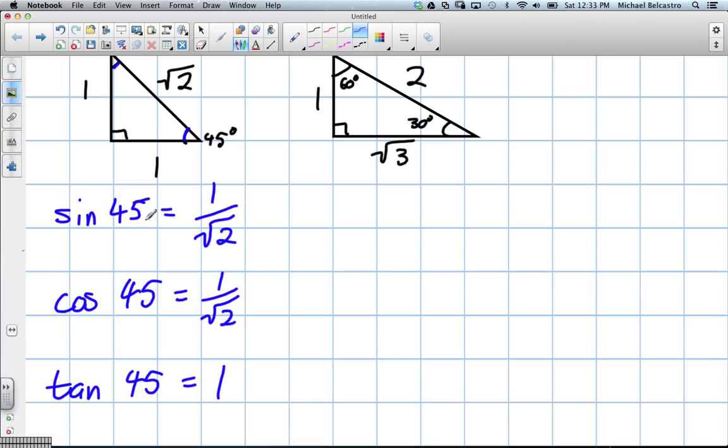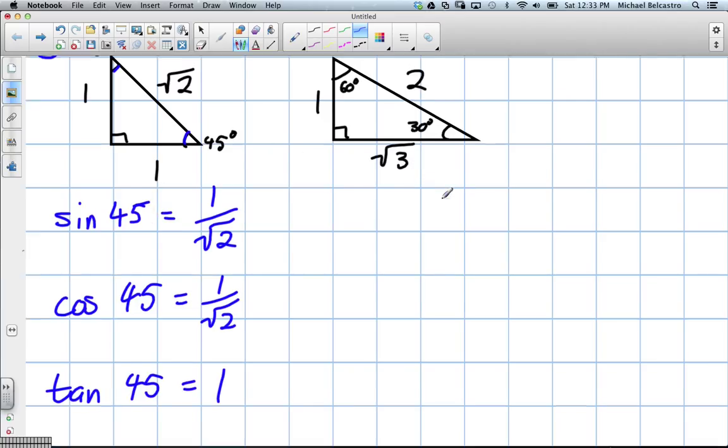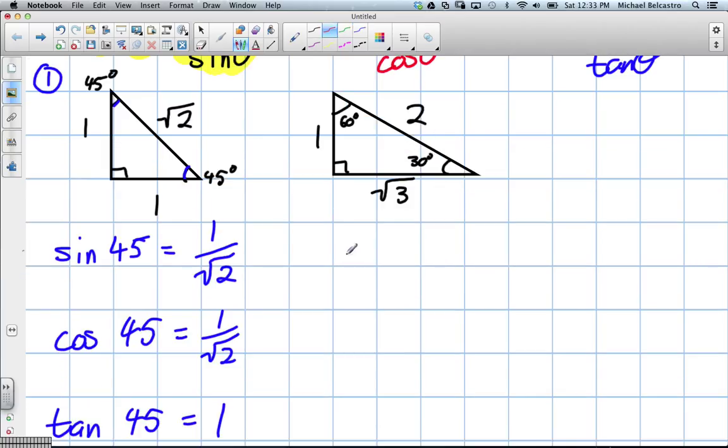The inverses of these functions, actually we'll talk about those after. Let's actually jump to the second one first. Now this one's going to have two different ratios when we do them. We're going to have sine of, let's start with the smallest one, 30 degrees. Sine 30 degrees is going to be equal to what ratio? 1 over 2. Not sine, sorry. Cosine 30 degrees will give us what? 1 over 3. Close.